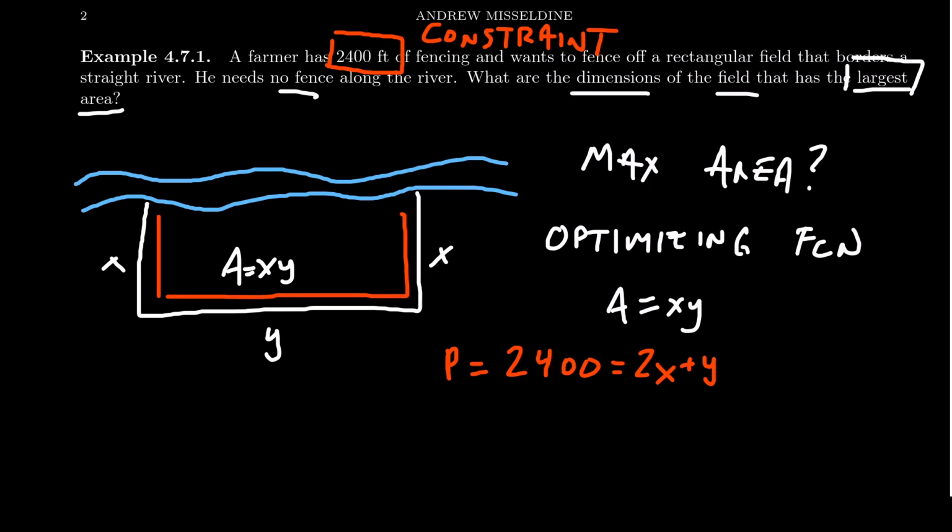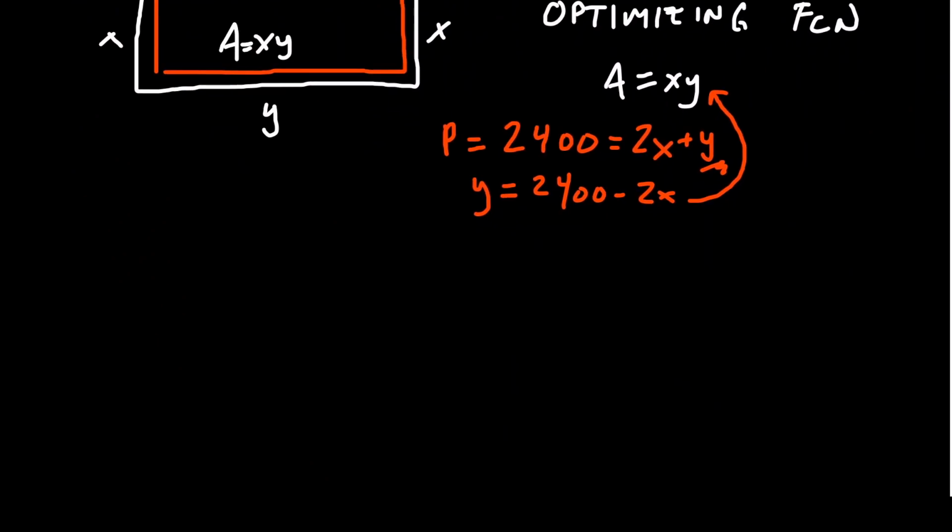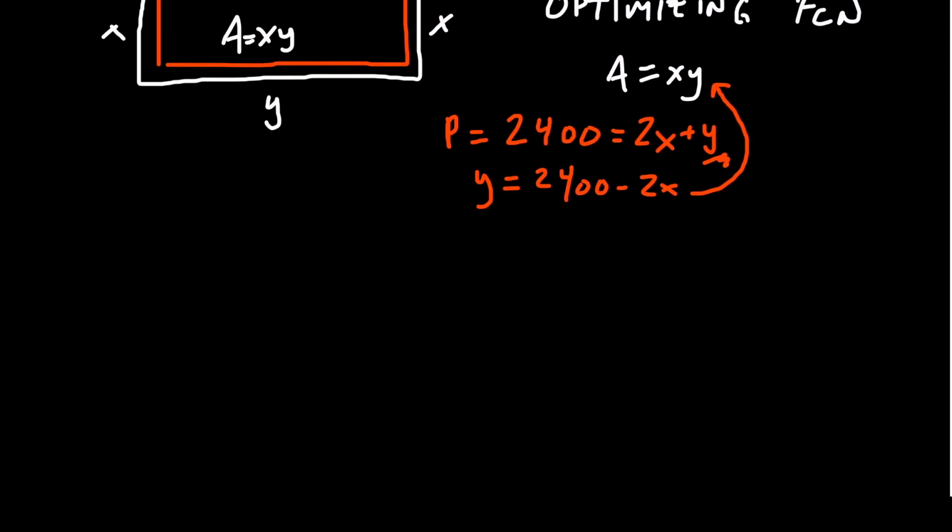And so if we use this constraint, we can solve for one of the variables. Let's say we try to solve for y right here. y would then equal 2,400 minus 2x, for which we can then plug that into the optimizing function for the variable y. And if we do that, then our optimizing function turns into the following.